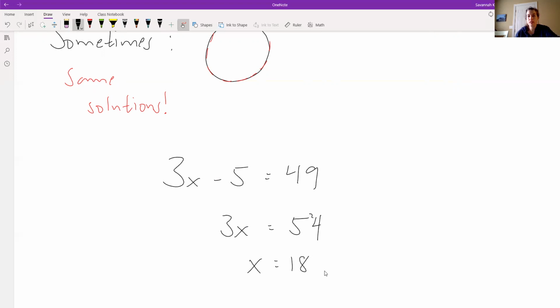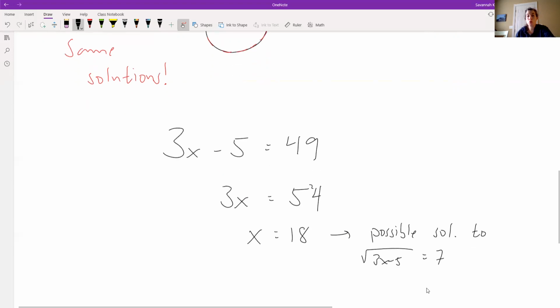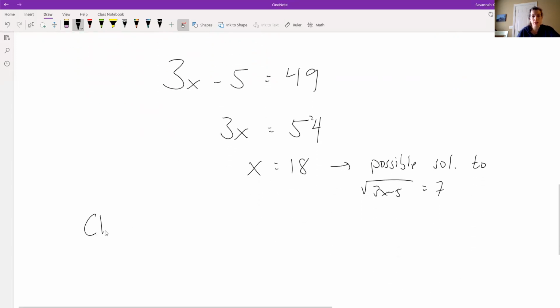So x equals 18, and I'm going to go ahead and immediately write, this is a possible or potential solution to the original. So we're going to check to see, so check.